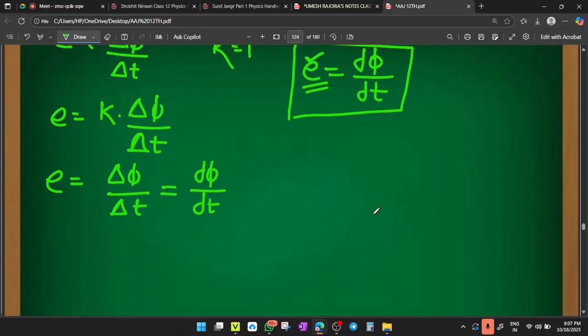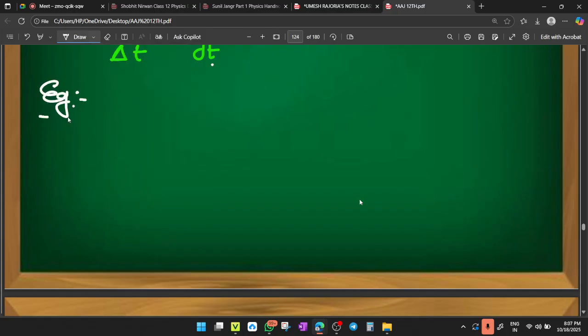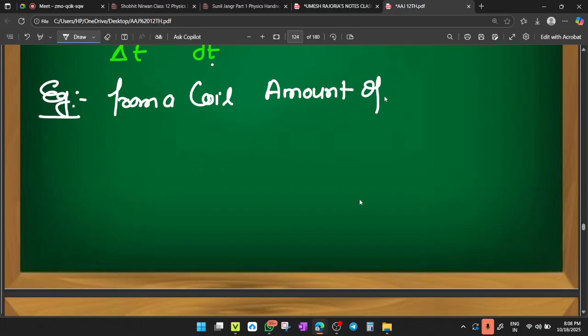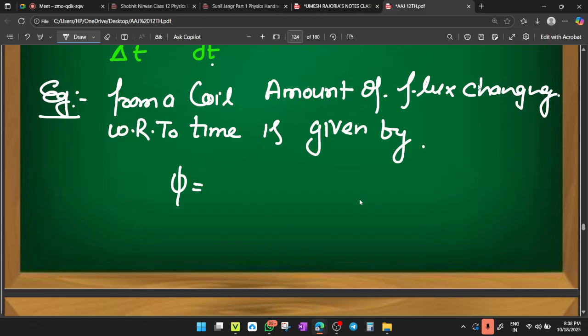Yes. Like, for example, see, from a coil, the amount of flux linked with respect to time is given by phi is equal to 3t square plus 7t plus 4.